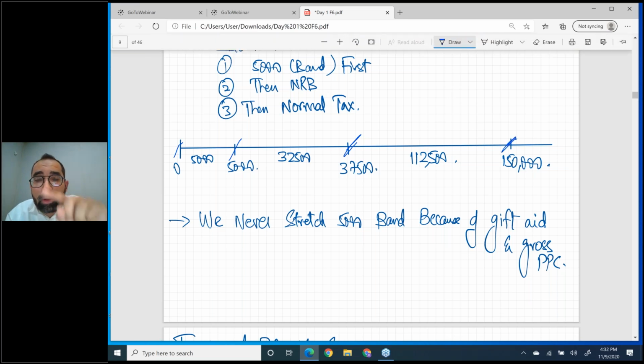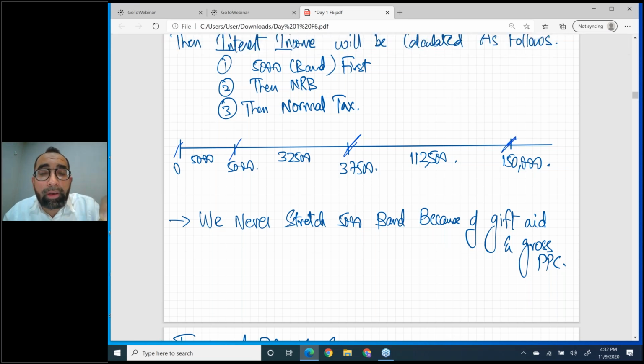In this way you will plot your bands. This case will only be applied when your non-saving income column's final answer is less than 5,000. In that case, this band computation will be done for interest.